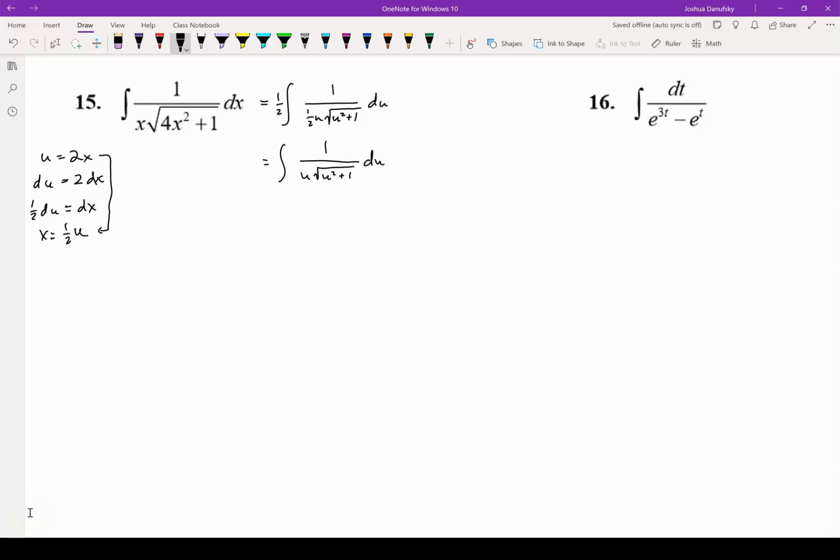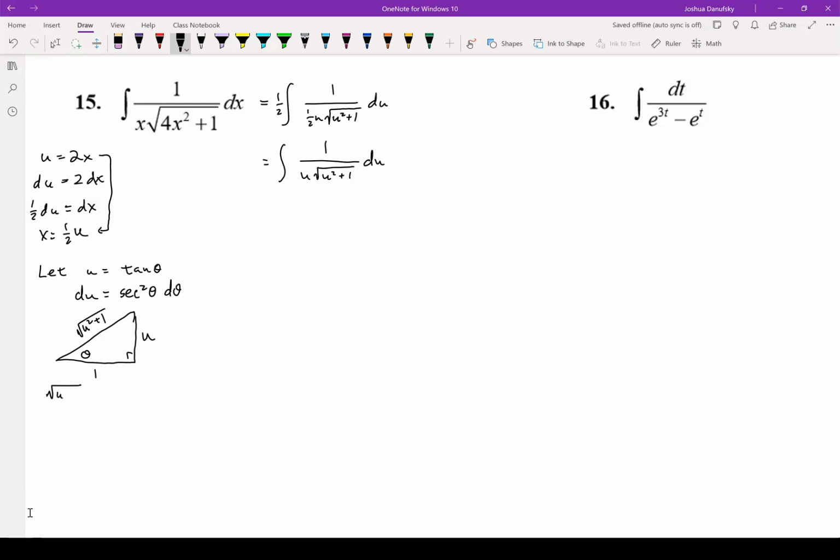Now we'll go ahead with our trig sub. So we're now going to let u equal tan theta, du is equal to secant squared theta d theta. Drawing our triangle, tan theta is u, so that's opposite over adjacent, and here we have the square root of u squared plus 1.